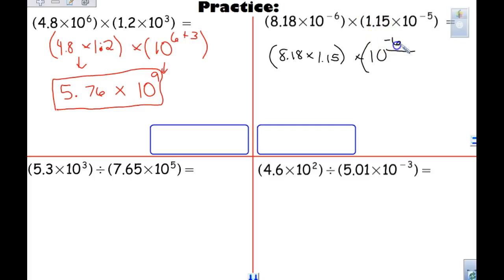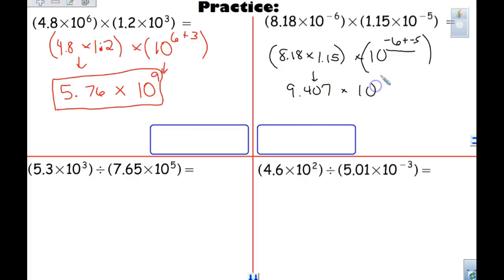So let's put negative 6 plus negative 5, because you made a little fatal error there. So on your calculator, you've just multiplied. Bo, you have a calculator? All right, Sage, what'd you get? Haven't got anything yet. Okay. 8.18 times 1.15. 9.407.